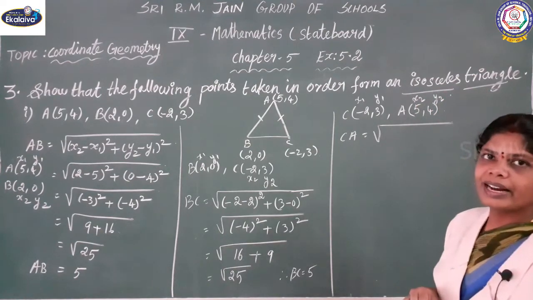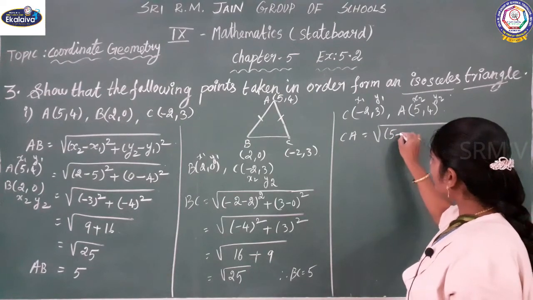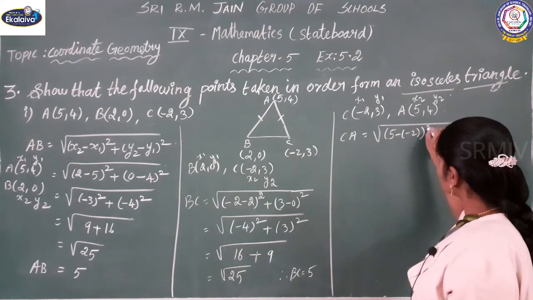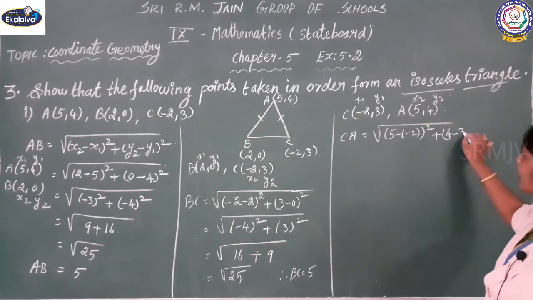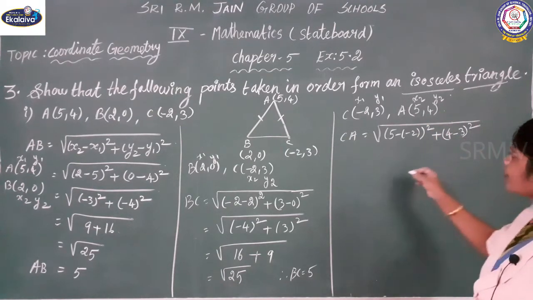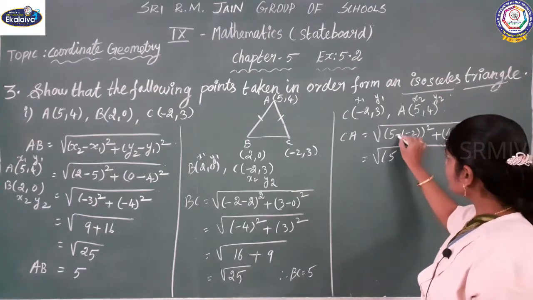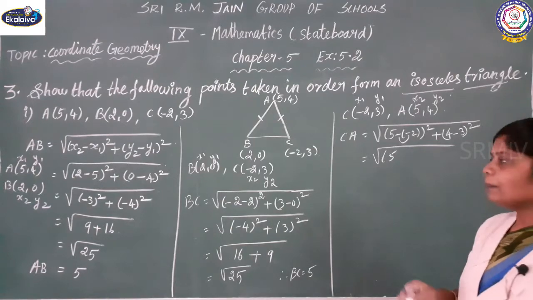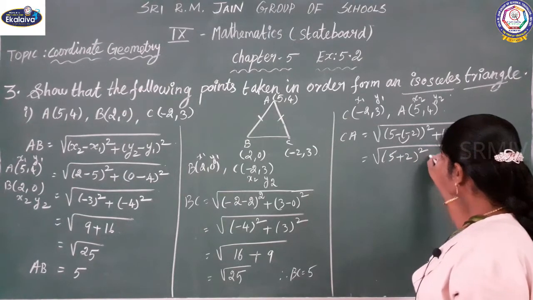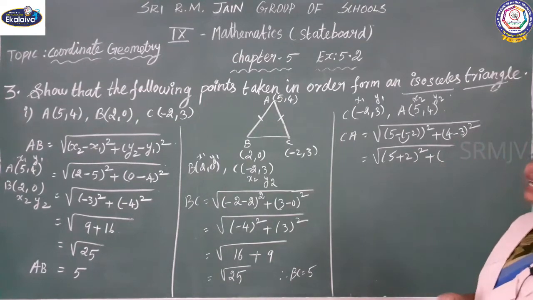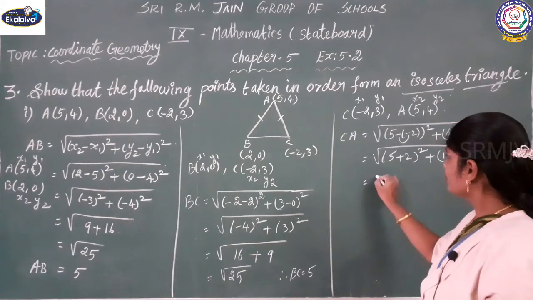Substitute the values here: x2 minus x1, so 5 minus of minus 2 the whole square, plus y2, 4 minus 3 the whole square. 5 minus into minus, what will you get, children? Plus. So 5 plus 2 the whole square plus 4 minus 3, what will you get? 1 the whole square.